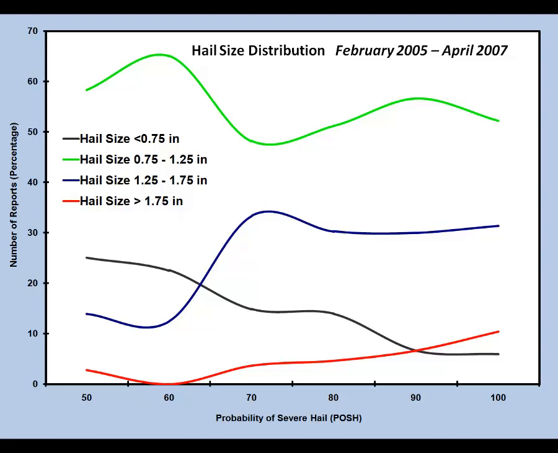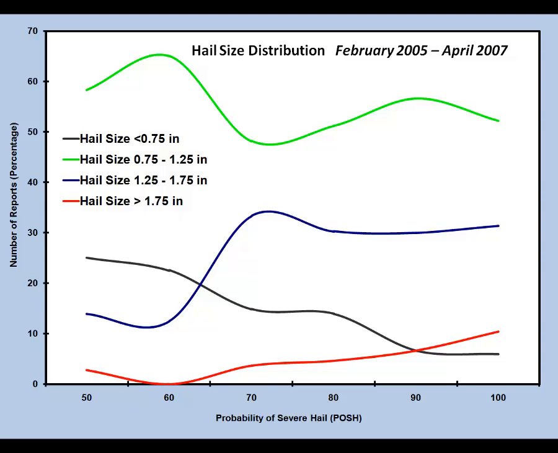So that's kind of a good sign that if you have a POSH of about 90 to 100, the probability of you getting a non-severe report is going to be fairly low.